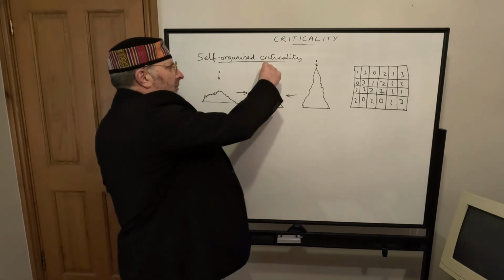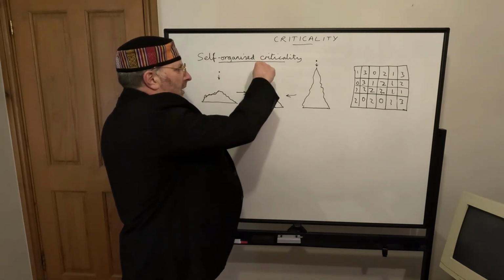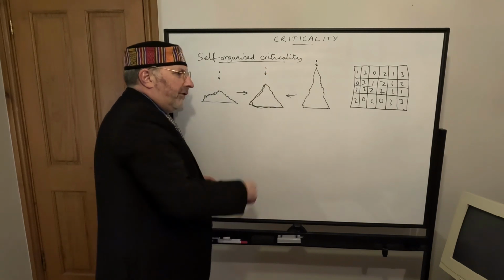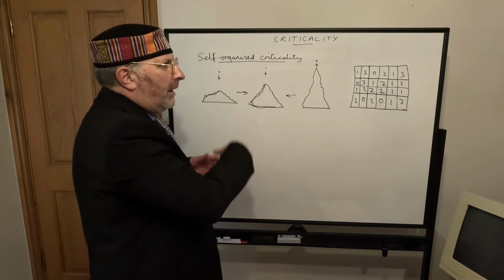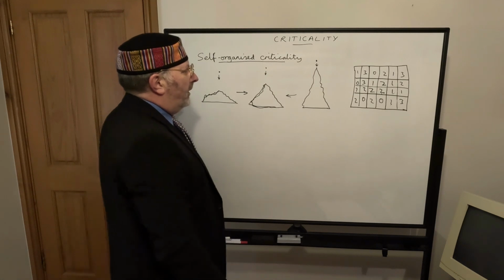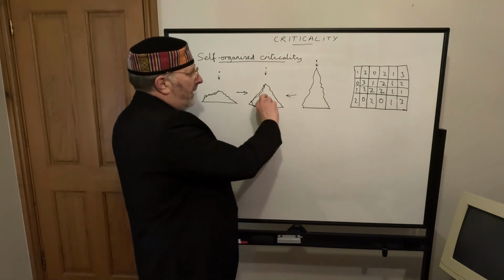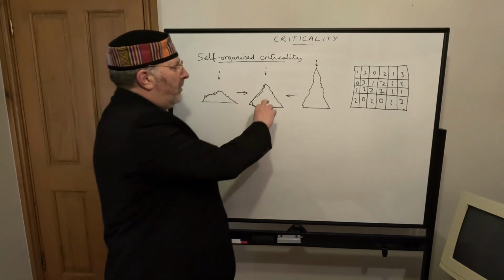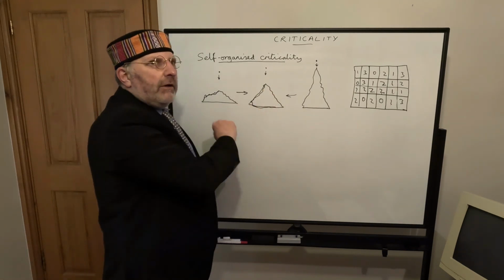So in this case, the sand is dropping down, so that's driving this system, adding weight to the sand pile, and there's a friction to it because the sand piles are kind of sticky, so they resist avalanches.